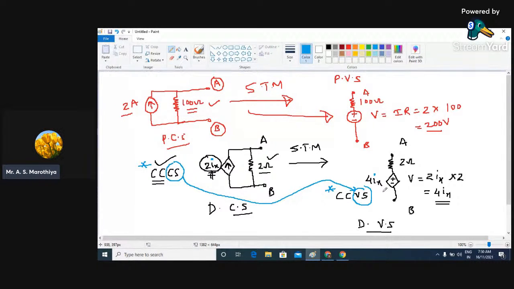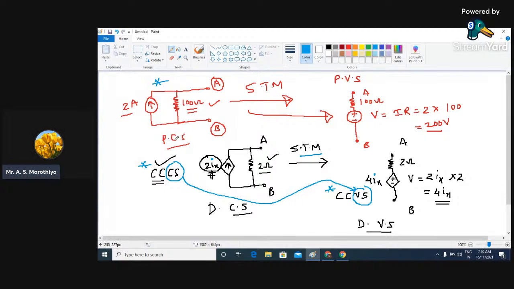And one thing is very clear, that the source transformation method is applicable for both dependent as well as independent types of sources. If you have a voltage source, you can convert that into an equivalent current source, or if you have a current source, you can convert that into an equivalent voltage source. The thing is that you just have to remember this structure.